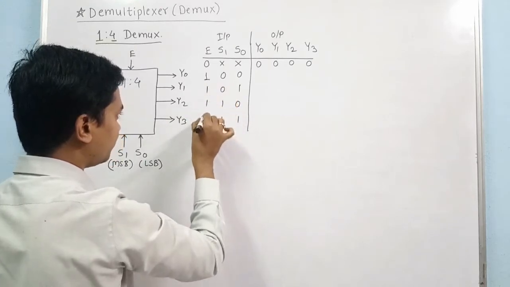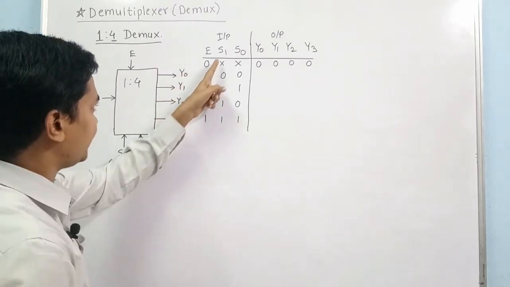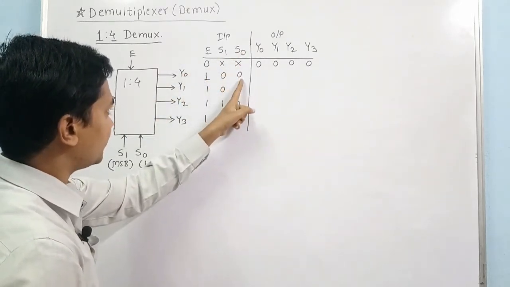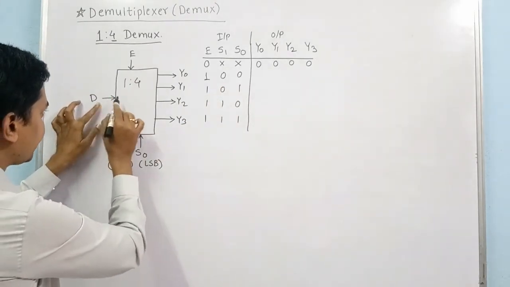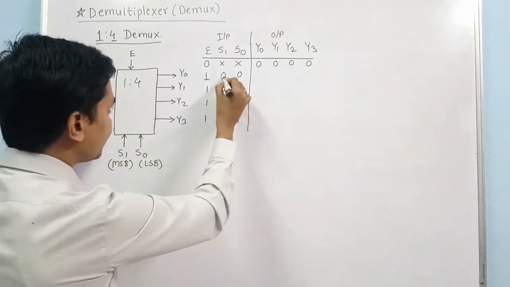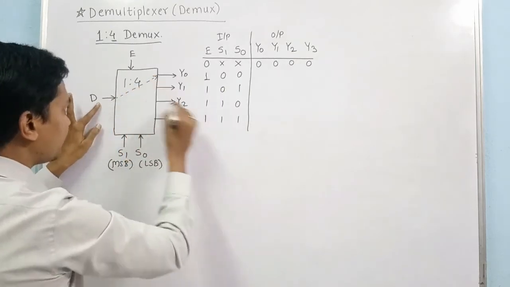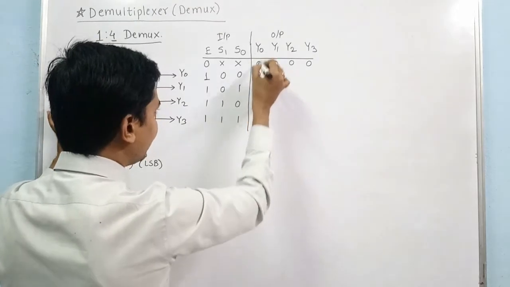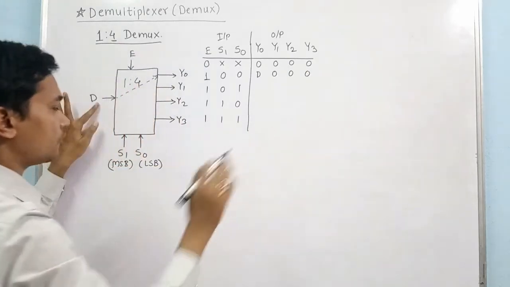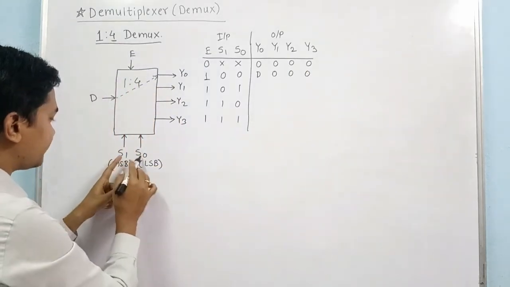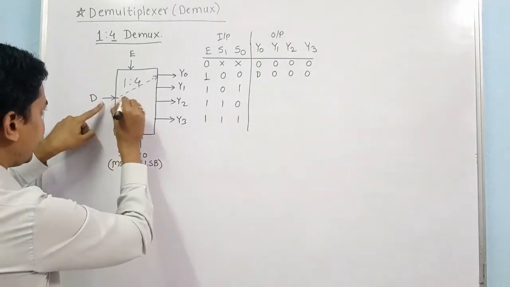When E is equal to 1 and S1 S0 is equal to 0 0, whatever status is available on the D input will be transmitted at the Y0 line, and all other lines will have 0 status. If S1 S0 is 0 1, the status of the D line will be transmitted at Y1.